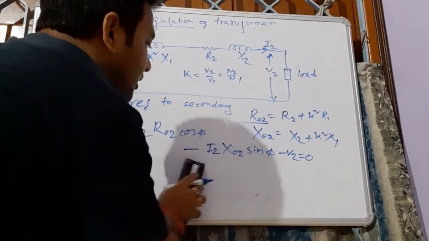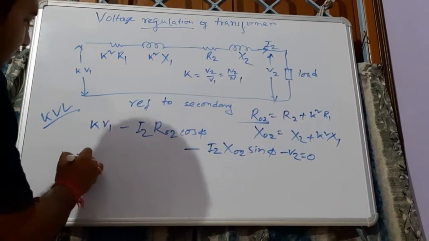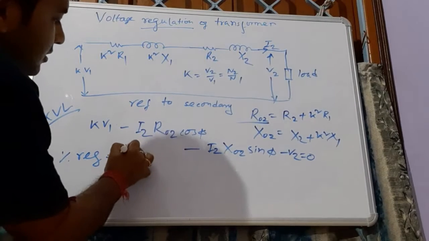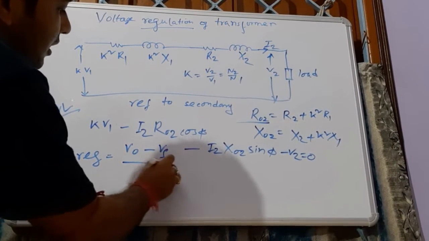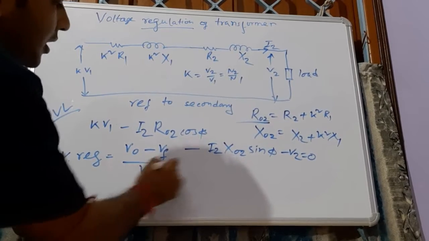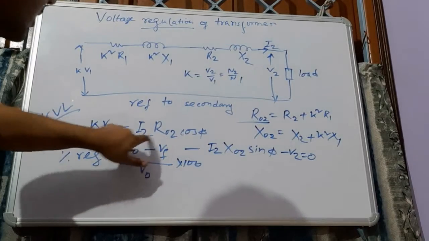Okay, so percentage regulation is V no load minus V full load divided by V no load into 100%. So what will be this part?